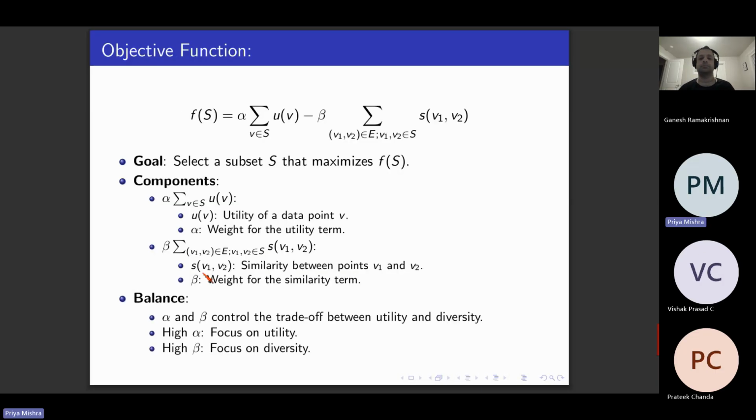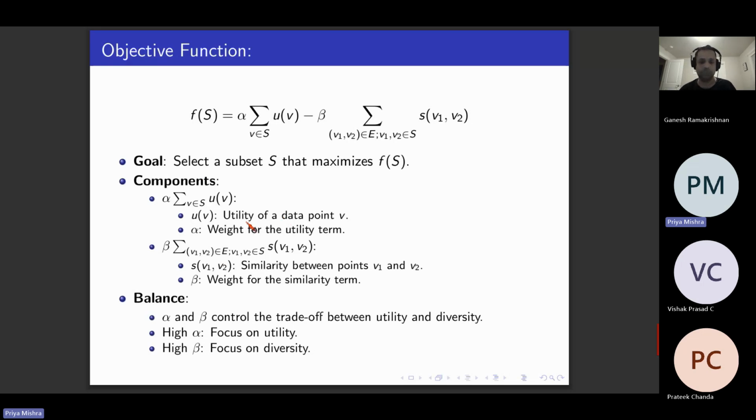They also introduced a score function: the left side term is the utility of V and the right side term is focused on diversity.